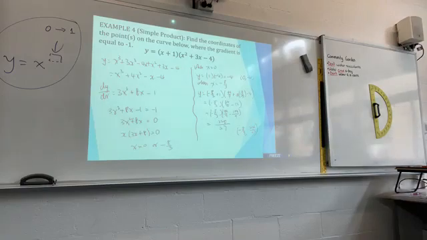One of them is (0, minus 4), the other one is (minus 8 over 3, 220 over 27). You will be expected to do this in the non-calc section. This one is straightforward enough for you to do it in the non-calc.